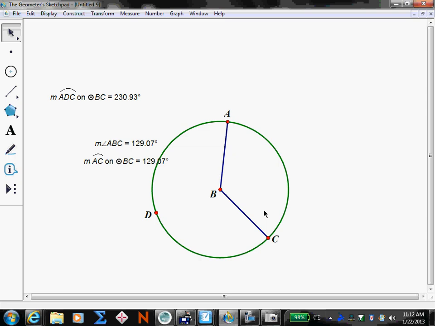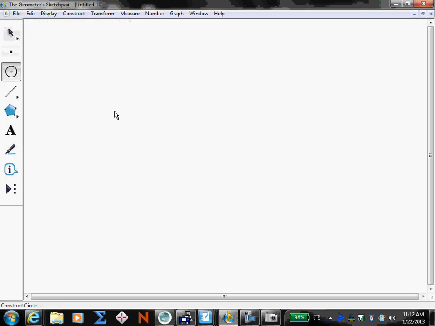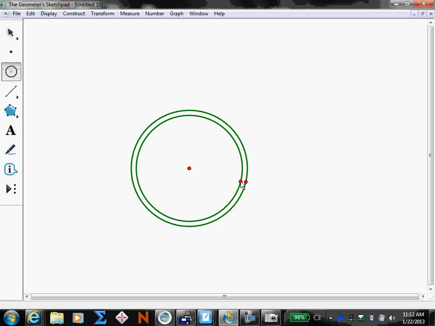And then one other thing I'd like to talk about are tangent circles. So circles that are tangent to one another, and whether they are internally tangent or externally tangent. So I'm actually going to start with a new picture, and I'm going to make a circle, and from that circle I'm going to start here and come, oh, that was the same circle.